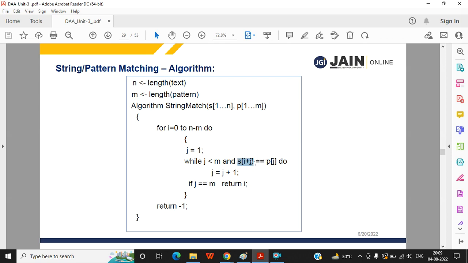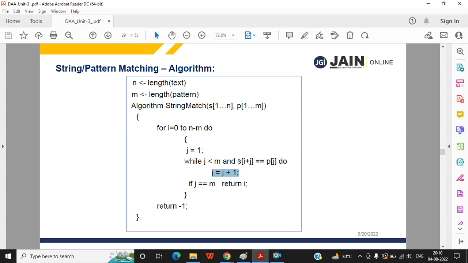That's why we have written here double equal to. This must take place. If for some characters this is false, then j will not be incremented up to m.